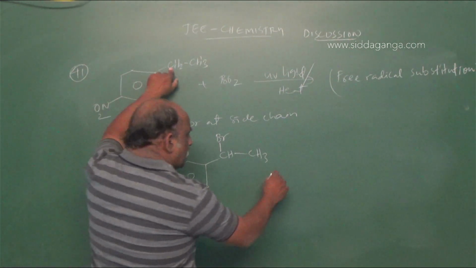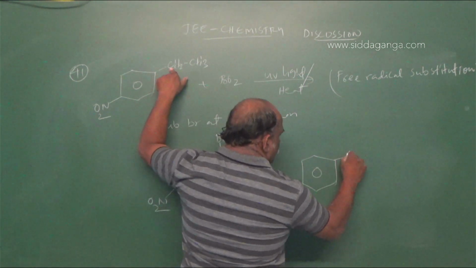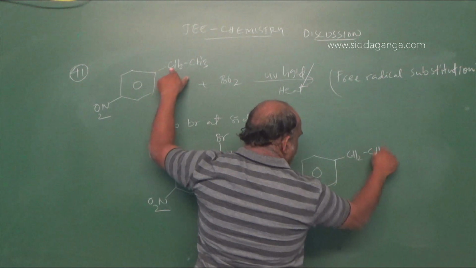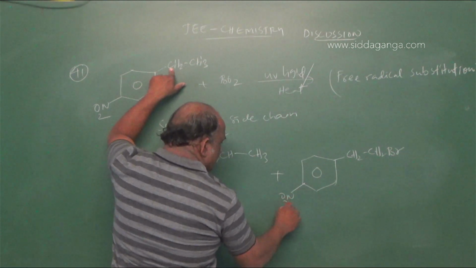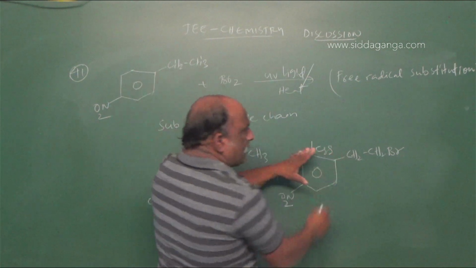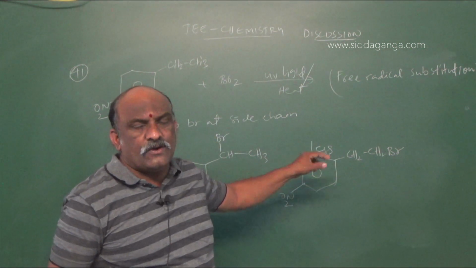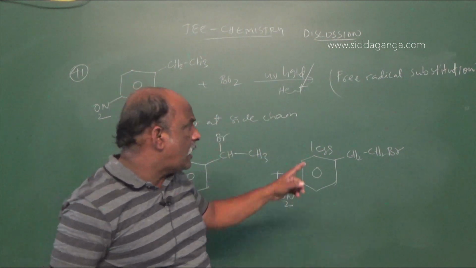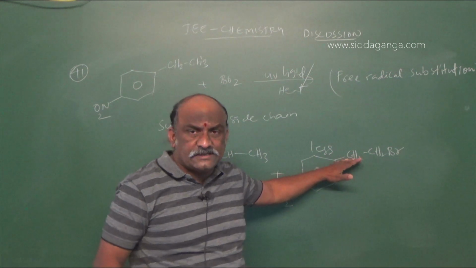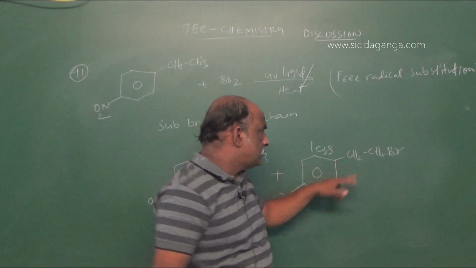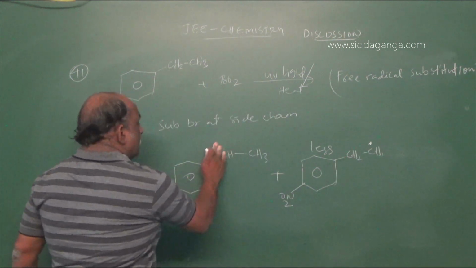One more possibility is also there, but we expect it in very small quantity, it is minor. In this example we consider the monohalogen derivative. This is very little, don't consider it, because this is a primary free radical and this is a benzyl free radical.